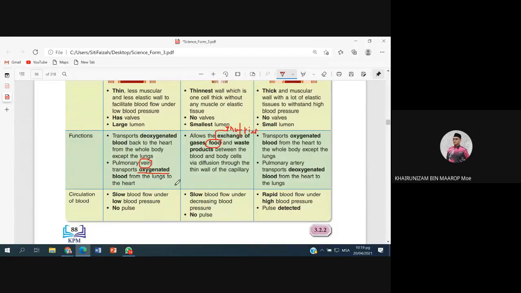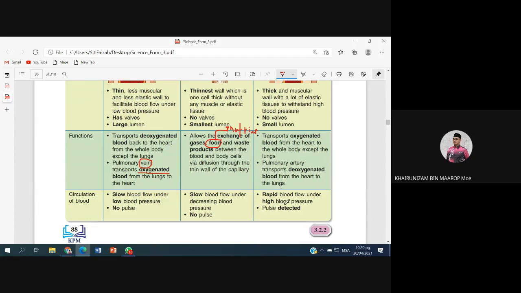Okay, and then inside the capillary, the blood flow is under decreasing blood pressure and also no pulse. But inside the artery, the blood flows rapidly under high blood pressure, and there is a pulse detected.